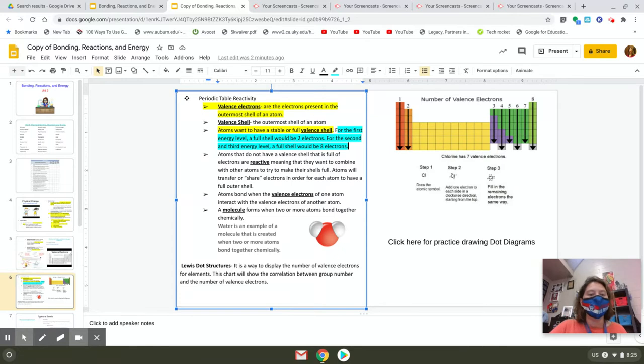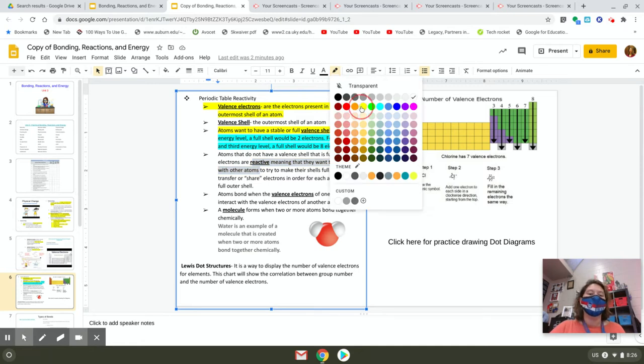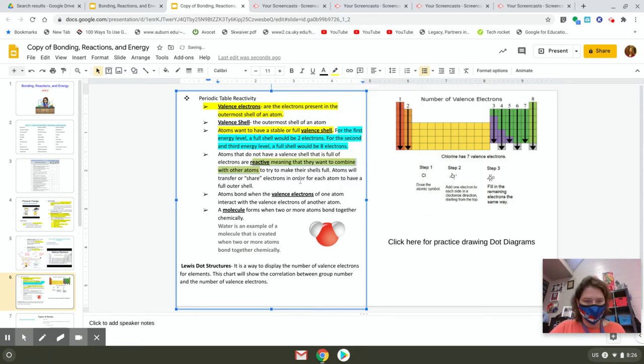Atoms that do not have a valence shell that is full of electrons are reactive, meaning that they want to combine with other atoms. Highlight reactive and meaning that they want to combine with other atoms. They want to fill that outermost shell.